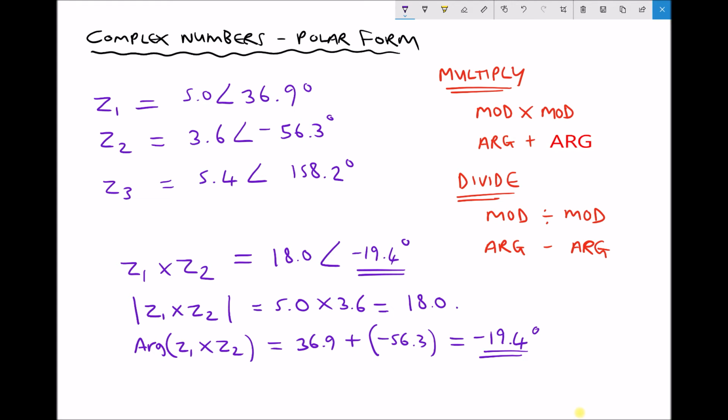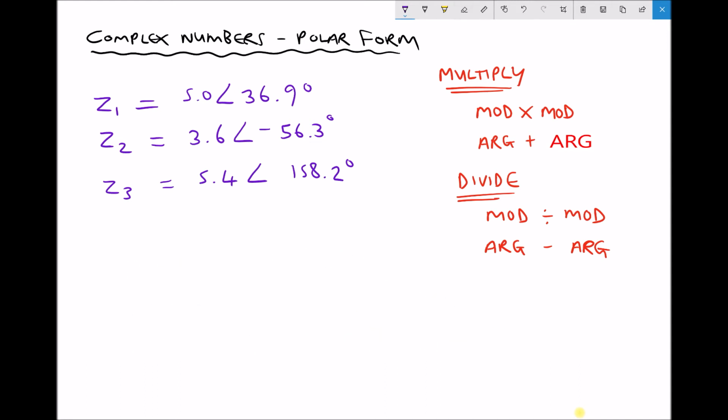Let's look at another example, except this time we're going to do a division. This time let's do Z2 divided by Z3. If we do Z2 divided by Z3, in effect what we have is 3.6 at an angle of minus 56.3 divided by 5.4 at an angle of 158.2.